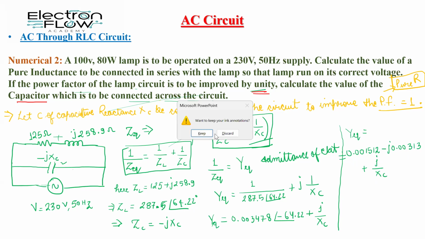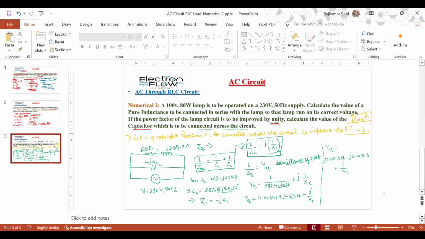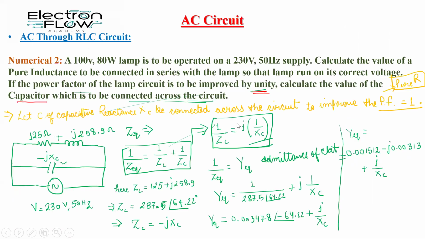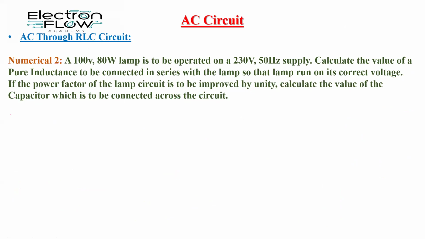Let me rewrite the expression. Y equivalent is equal to 0.001512 minus j0.003133207 plus j upon XC.